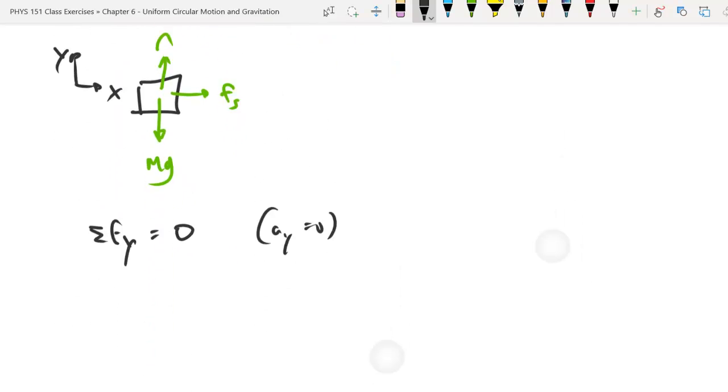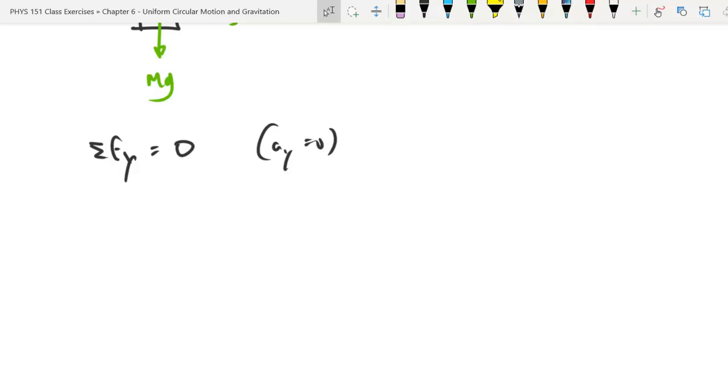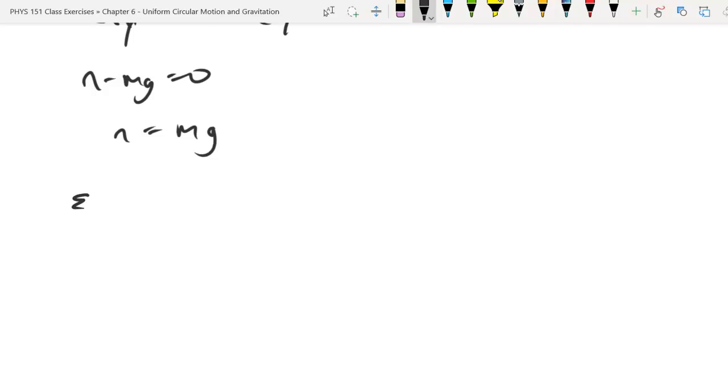Okay, so sum of the forces in the y direction equals 0. So this means that the normal force minus the weight is equal to 0. And so we have the normal force is equal to the weight here. Okay? And then when we look at the sum of the forces in the x direction, we have to have an acceleration in the x direction here, and it's very specifically our centripetal acceleration, right?